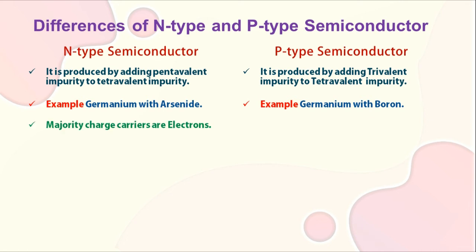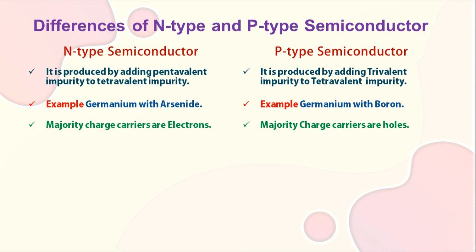Then, in an N-type semiconductor, the majority charge carriers are electrons, because in every combination 1 electron becomes excess. In the same way, in P-type the majority charge carriers are holes, meaning positive, that is the gap.